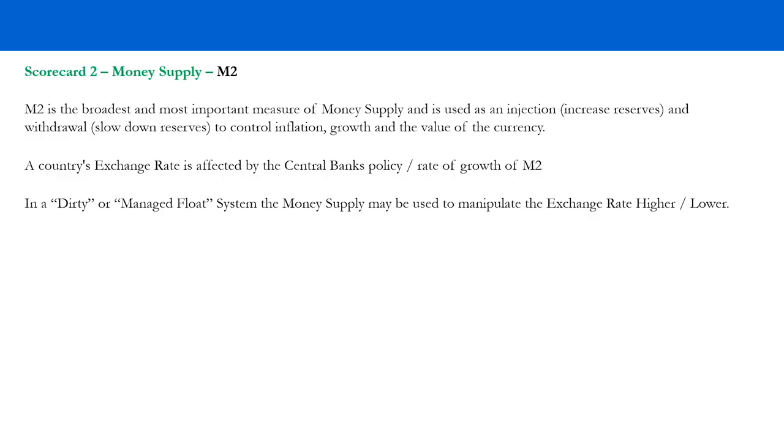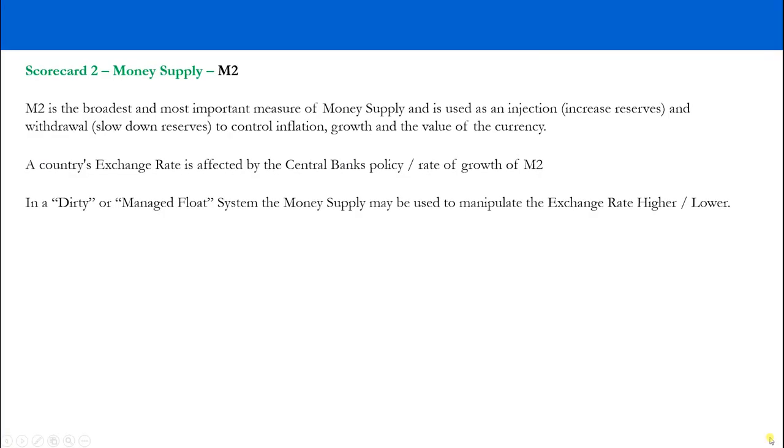So it's a very, very important indicator for us. And as mentioned previously, M2 money supply is definitely classified as a leading indicator, so leading and affecting the economy or predicting the future.